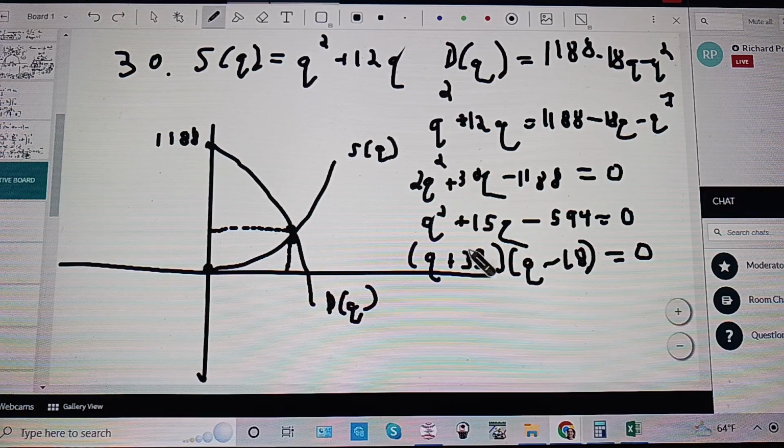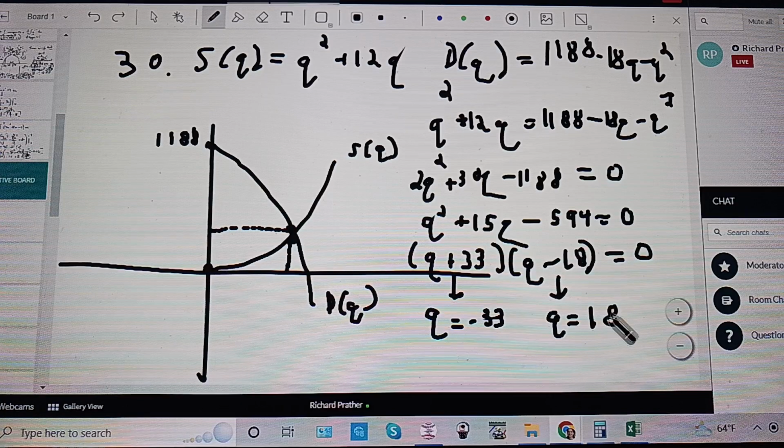And if I do 33 minus 18, that's how you get a 15 in a subtraction. But then they switch to the opposites when I go to the zeros. And a quantity of my product in business can't be negative. I can't make negative amounts of my product. So I ignore the negative answer.